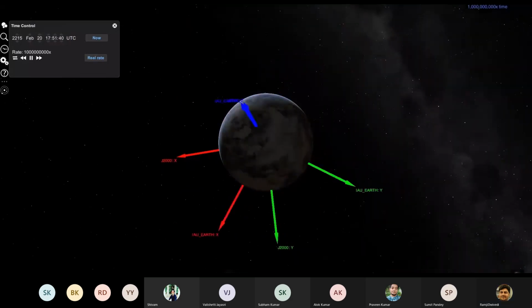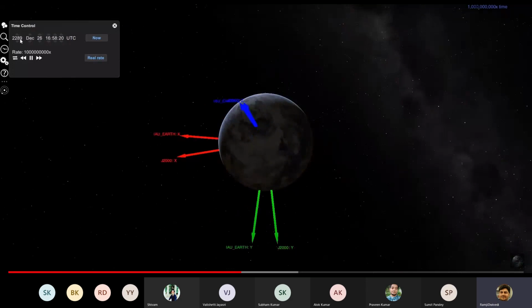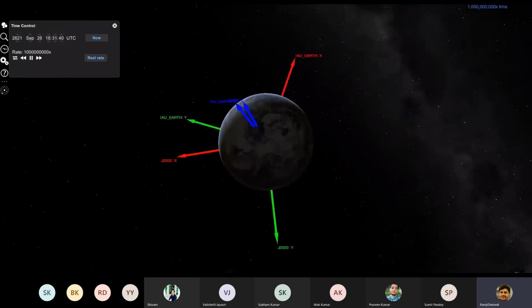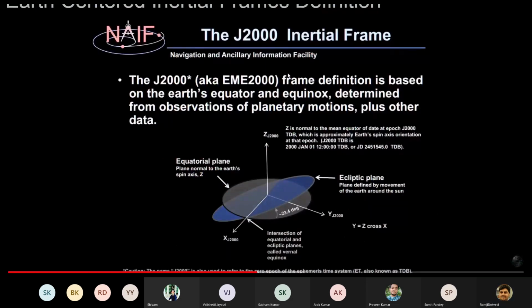But the moment some time has lapsed, some 2,500 years of revolution has taken place, you see there is a shift in the two Z axes. The second Z which is coming out is there just because your Earth has taken a leap of 2,500 years of rotation.